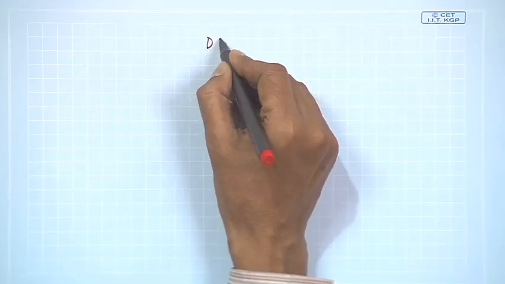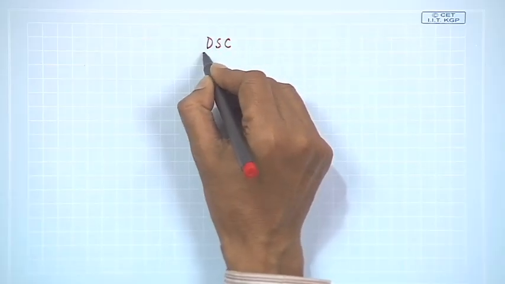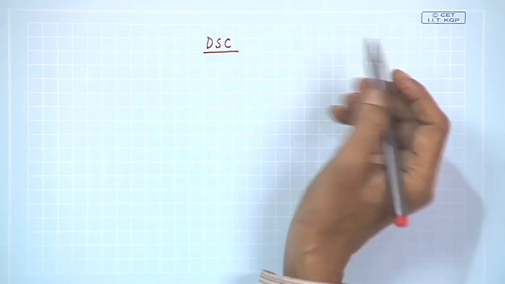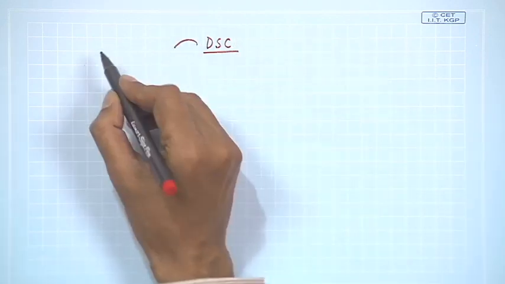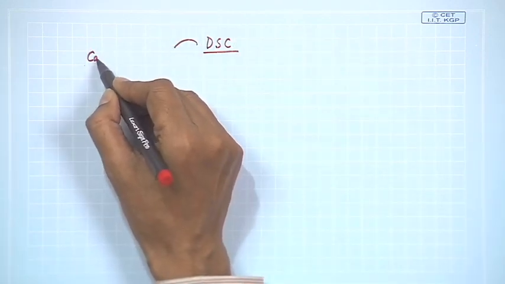So, next we will move to another differential technique, which is differential scanning calorimetric technique, which we consider as a calorimetric DTA study.